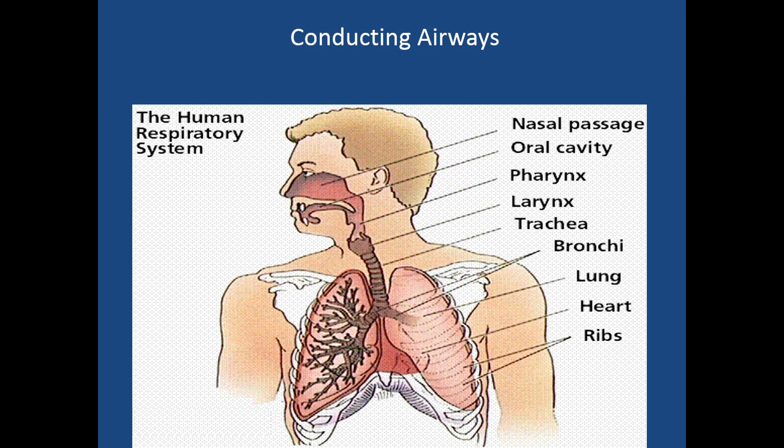We know that the two main bronchi will continue to branch and branch and branch into our bronchioles and finally to the alveoli at the very lower ends of our airways. So many, many branches. Within these airways, we have different types of cells. We have our goblet and ciliated cells.